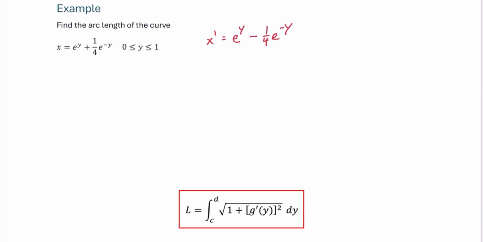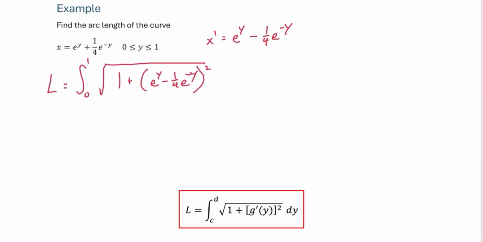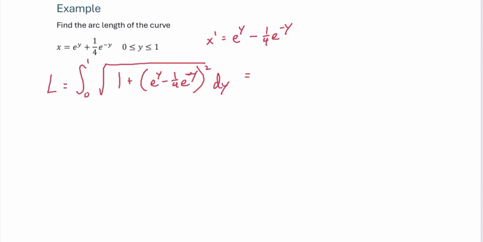Now our formula, the arc length is the integral from 0 to 1 using our given bounds of the square root of 1 plus the derivative that we just found squared dy.